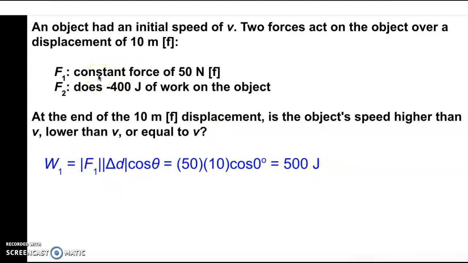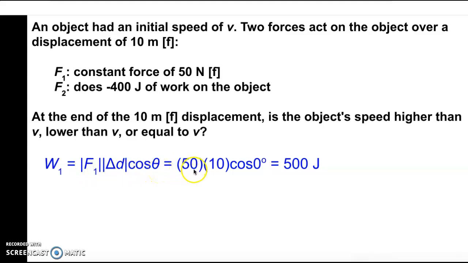So if we want to apply the new topic for today, the work kinetic energy principle, or WKP, we have to calculate the net work. And to calculate the net work, we can add up the individual works. My first step was to find work 1, the work done by the first force. I'm using the work formula: force times displacement times cosine of theta.